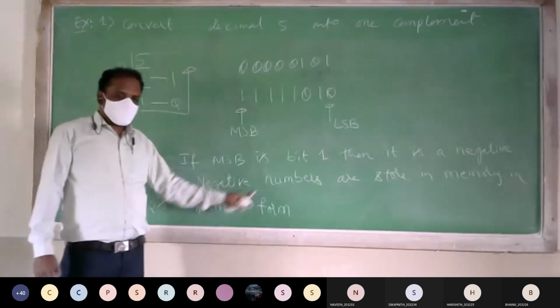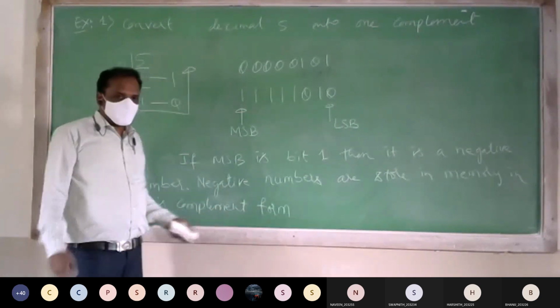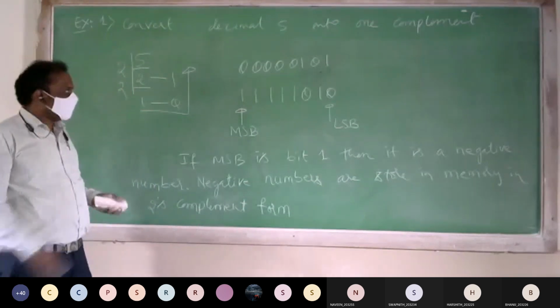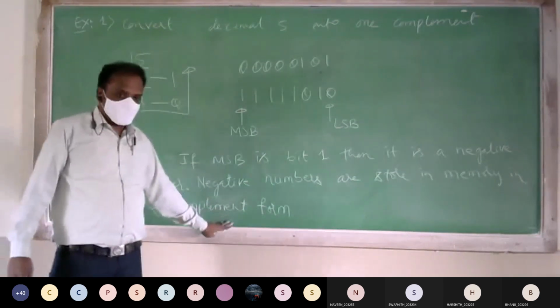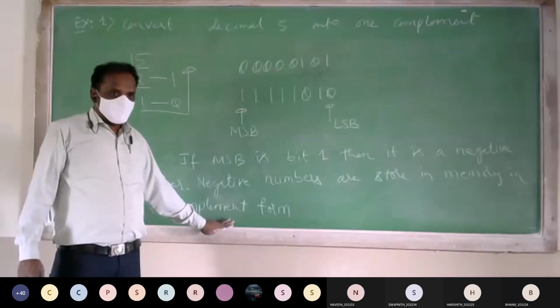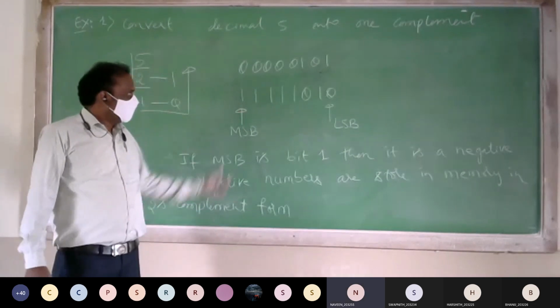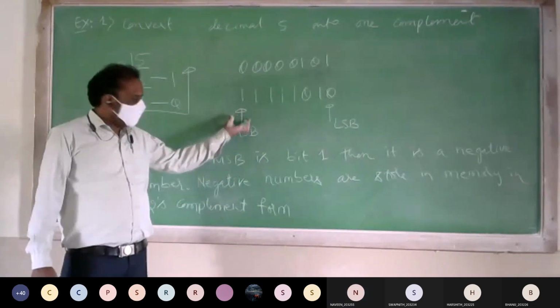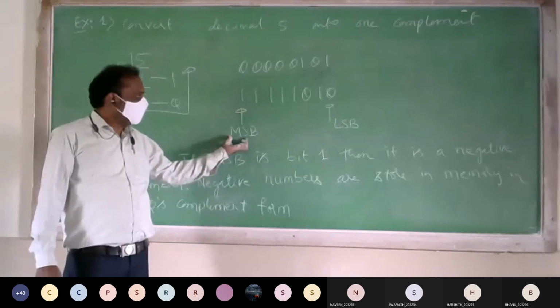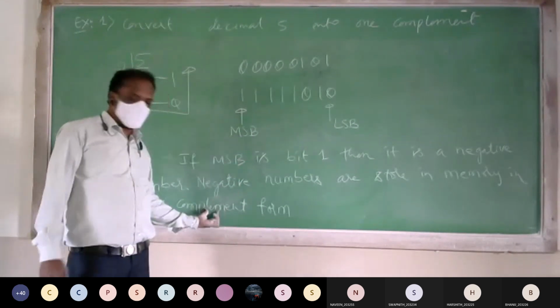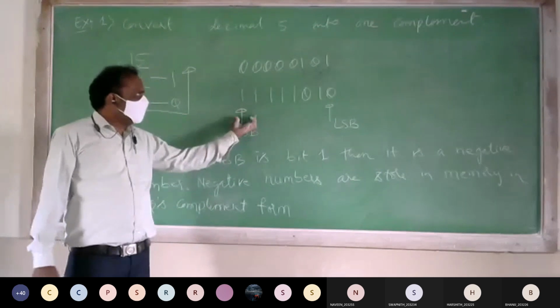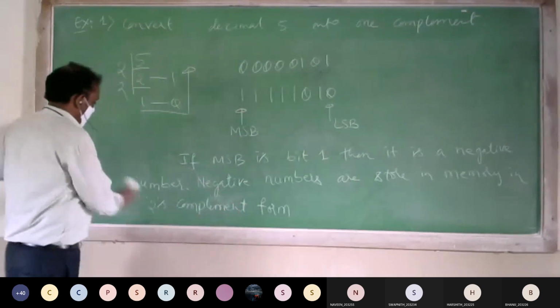The computer will store negative numbers in the form of 2's complement. Up to here understood? Yes, sir. Now we can convert this one into 2's complement form.